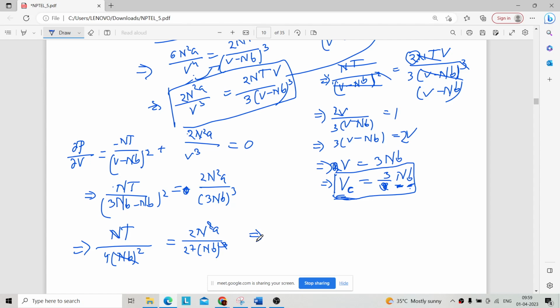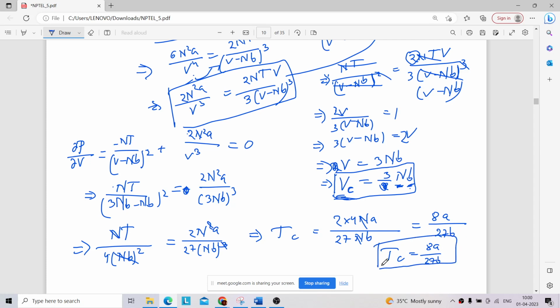So effectively we have TC as 2 into 4 NA over 27 NB. So this n also cancels, so it's 8A over 27B. Yes, right. So TC is 8A over 27B.